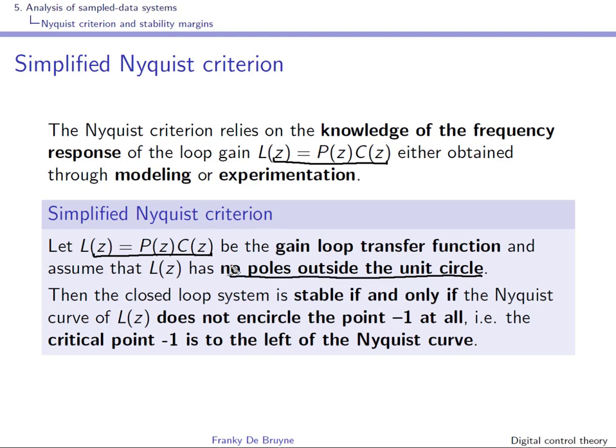In the next slide, that I will leave for your information, the case where there are poles inside the unit circle is treated. Assuming that the loop gain has no poles outside the unit circle, then the corresponding closed loop system will be stable if and only if the Nyquist curve of this loop gain does not encircle the point -1. -1 is the critical point. This means that the critical point is to the left of the Nyquist curve.